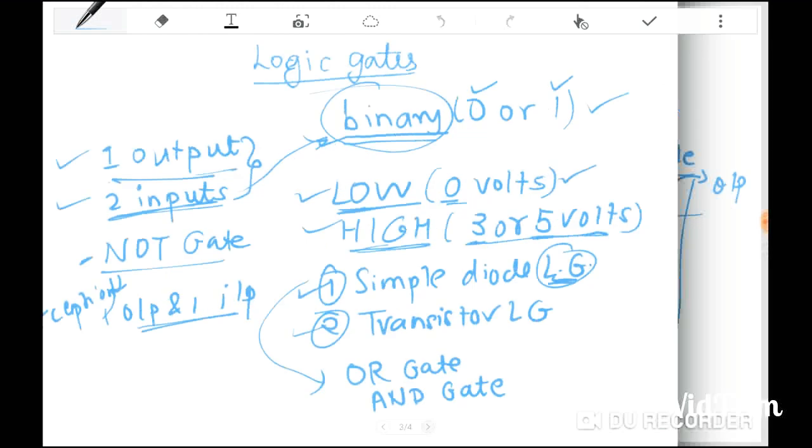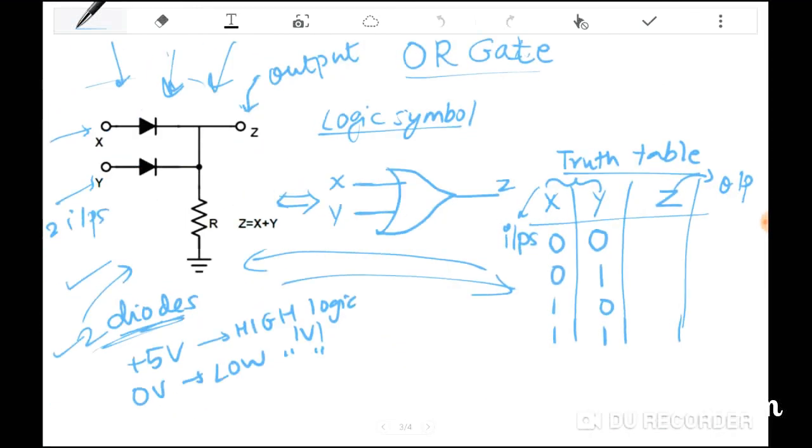Alright, so let's go on to the circuit again. In all the logic circuits, the 5 volt represents high logic level and the 0 volts represents low logic level. Here 0 means the switch is in off condition basically, and 1 here means the switch is in on condition, or any circuit is in on condition.